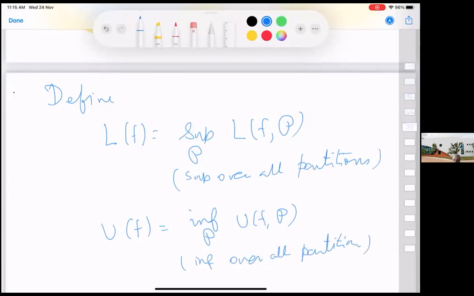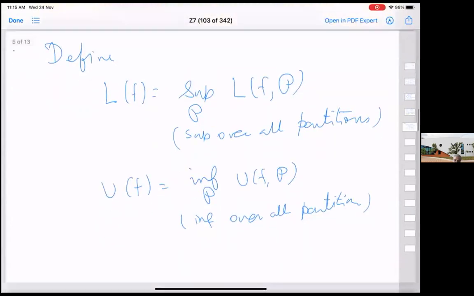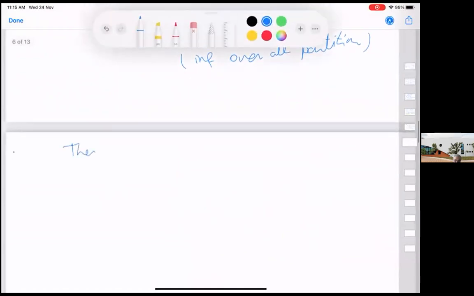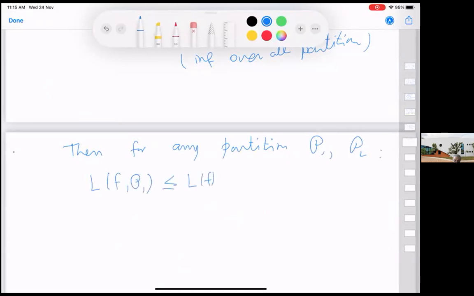And UF is the infimum over all partitions. Then, because this is just by the definition.